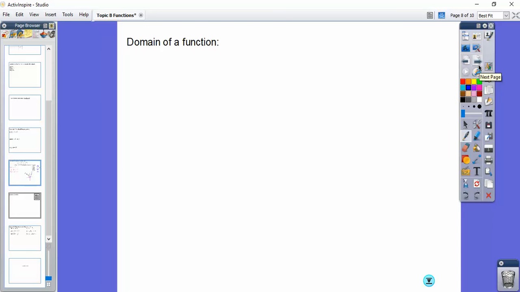The last thing we need to look at in this section is domains. If we are talking about domains of a function, so a domain is possible x values. When we look at those, there are really 3 things we need to consider.